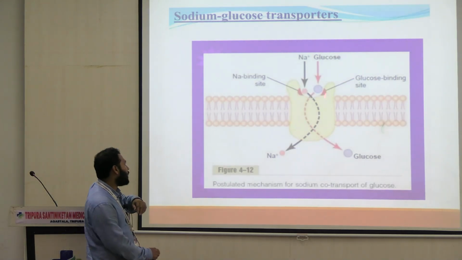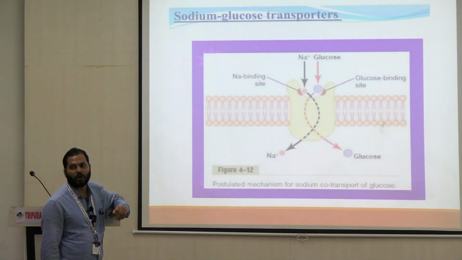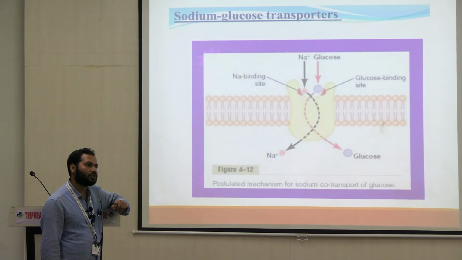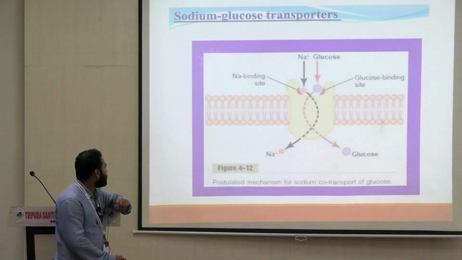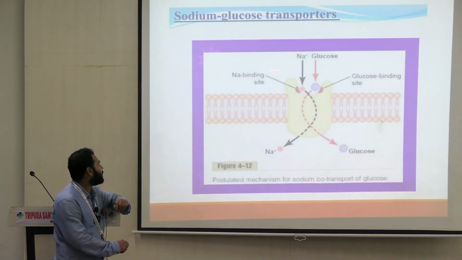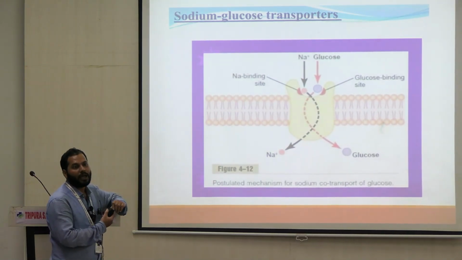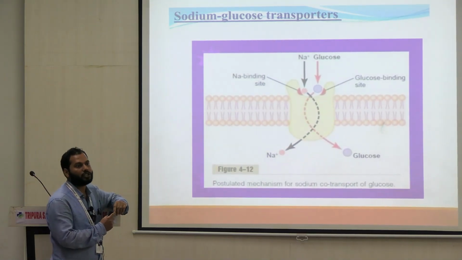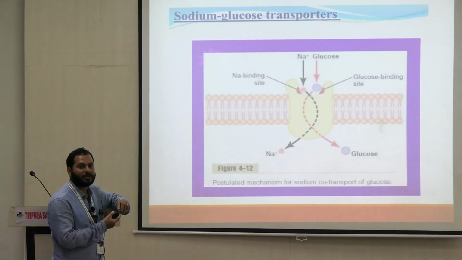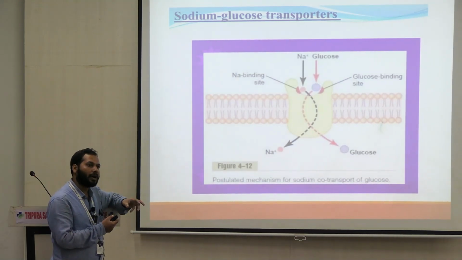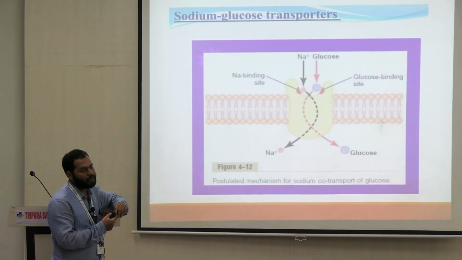This is the transporter, the sodium glucose transporter present in the cell membrane. If you see this side of the cell, on this side there is a specific binding site, right? And that binding site is specific for both sodium ion and glucose molecule, right?